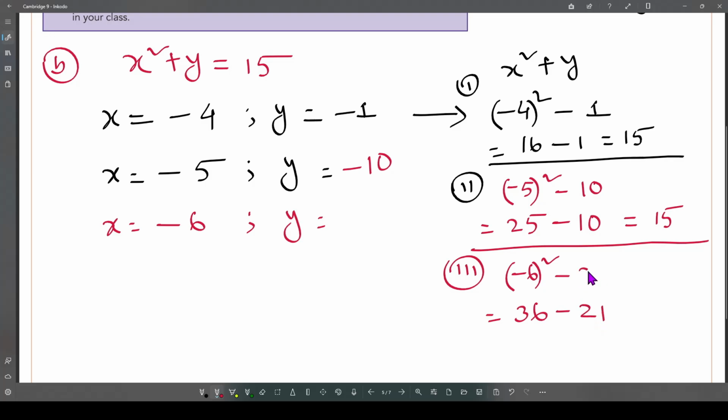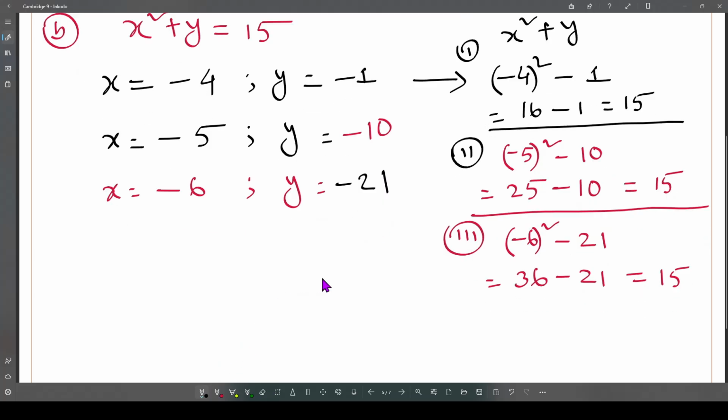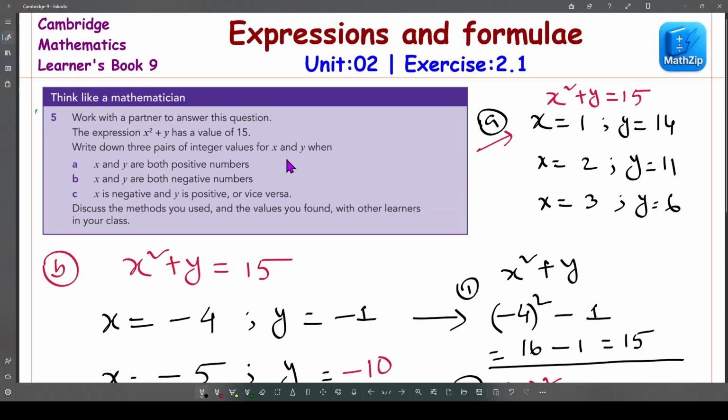So this is minus 21. So 36 minus 21 will be 15. So if x equals minus 6, that time y equals minus 21. Sorry, here is minus 21. Very simple. So number A and B done.